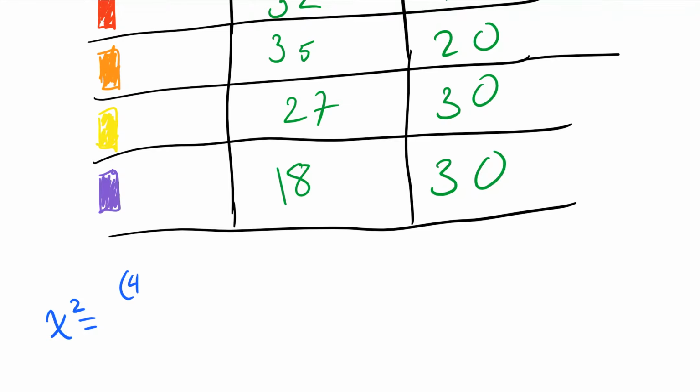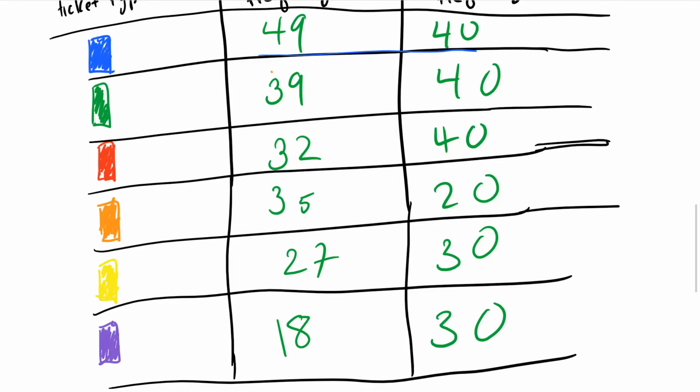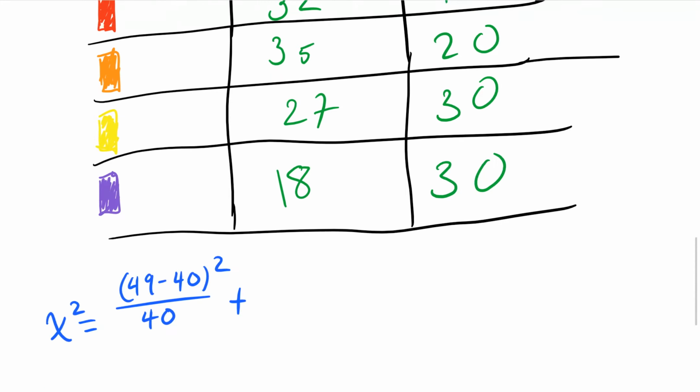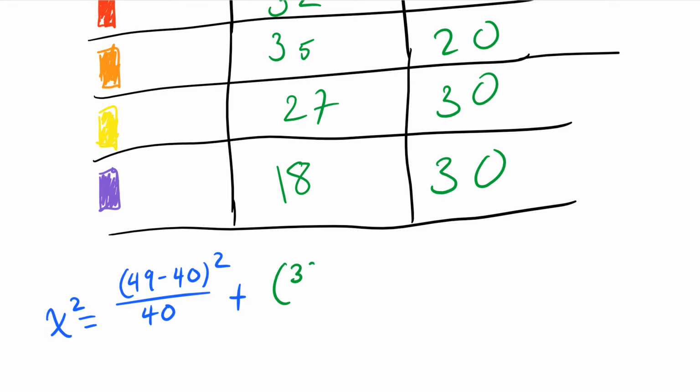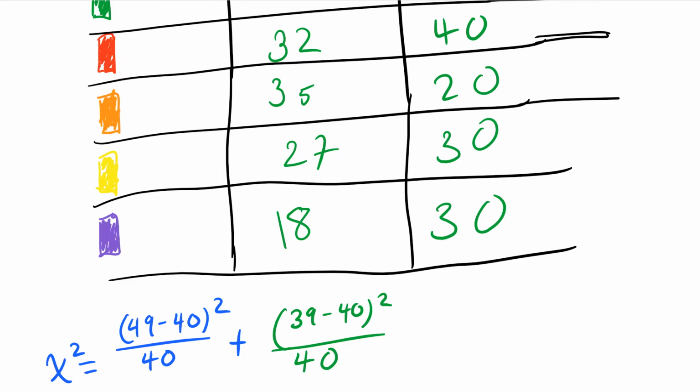So we have 49 minus 40 squared divided by 40 plus. Do the same thing for green. 39 minus 40 squared divided by the expected value of 40. For red, that's 32 minus 40 squared divided by 40.